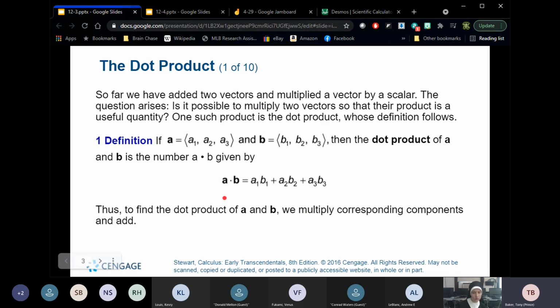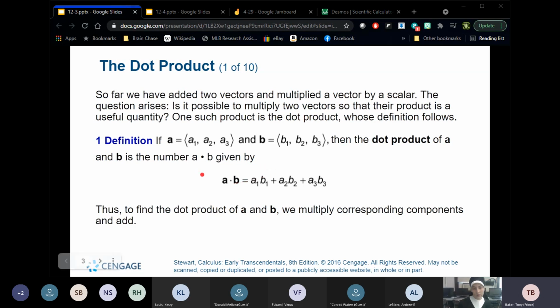When we look at the cross product, it's going to be A with a cross, an X, in between it, which is also a symbol of multiplication. So you've got to be careful with that. When we're talking about the dot product, there's a dot between it. When we're talking about a cross product, there'll be a cross between it. Those are the two things that we're going to look at here.